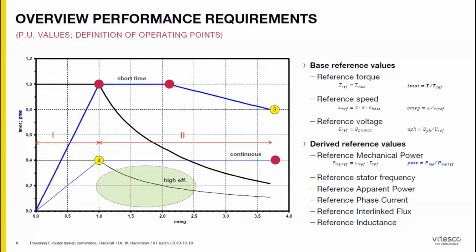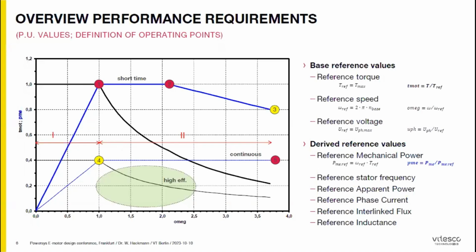Then the performance characteristics of e-traction drives. We can have here a sketch of how this normally works. This is a graph for PU values, so per unit values, which is very good to handle for electric machine people. Normally you define a reference torque, a reference speed, and a reference voltage, and all the values are then normalized with this.